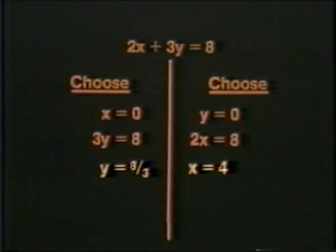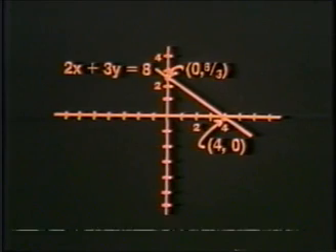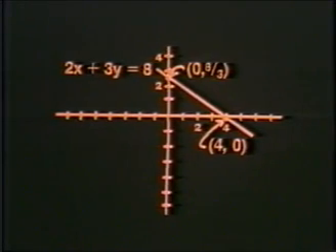If you've forgotten how to do that, you'll need to review the module on straight lines before you continue. Here's the graph of our first equation, a straight line along which every point satisfies the equation. Question: do any of them also satisfy the second equation?